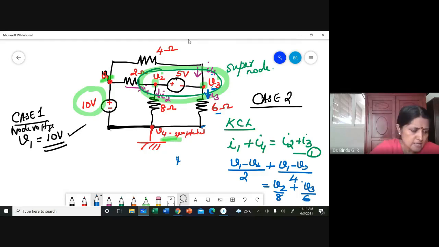On rearranging, you will get equation number 1.